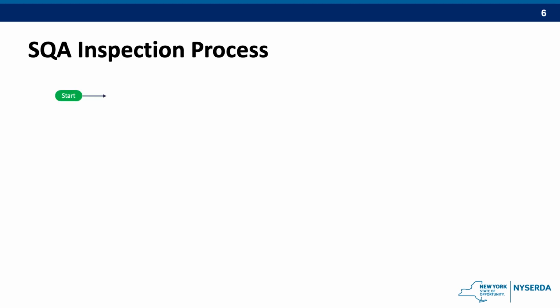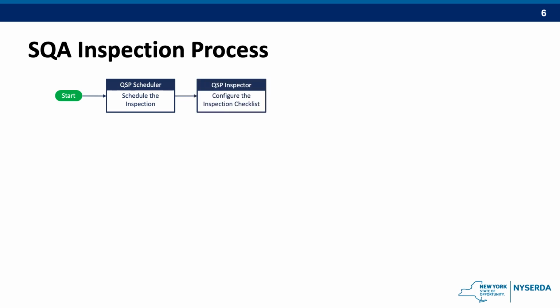The SQA inspection process officially begins when the QSP scheduler schedules the inspection. Inspections are scheduled in Salesforce based upon specific program criteria. Once scheduled, the assigned inspector will access the inspection record in Salesforce and configure the associated inspection checklist.